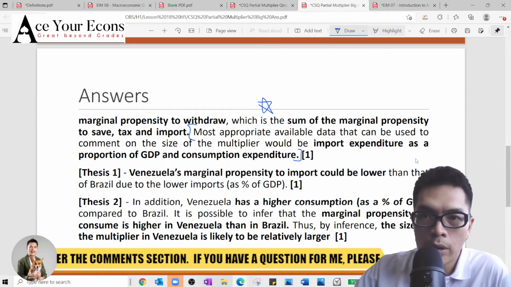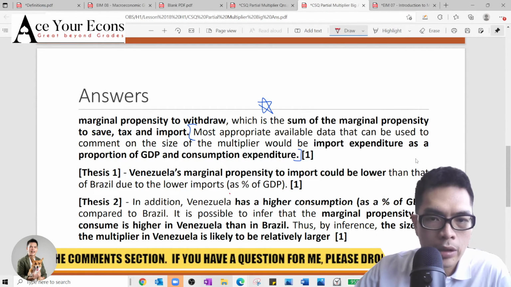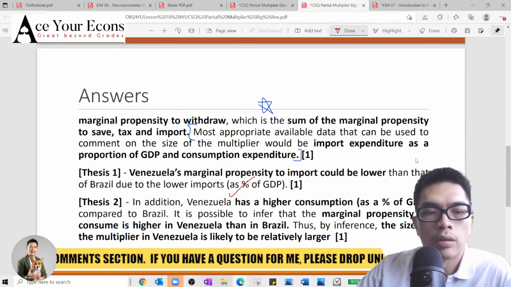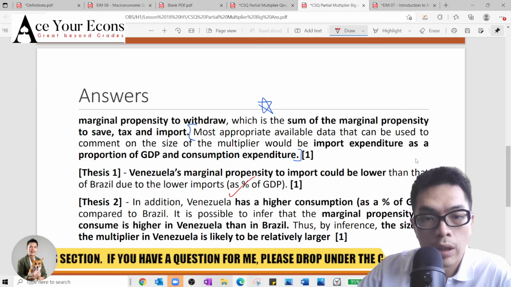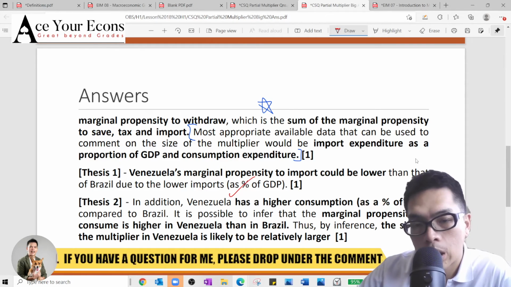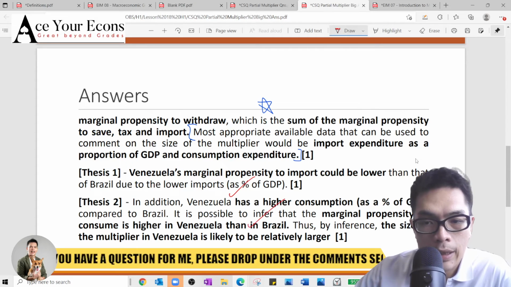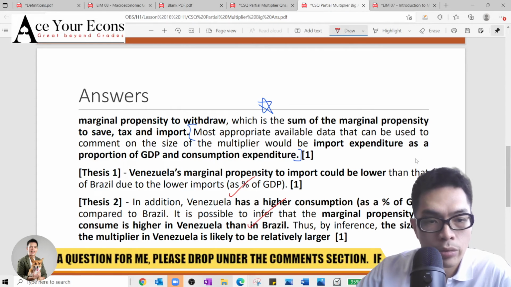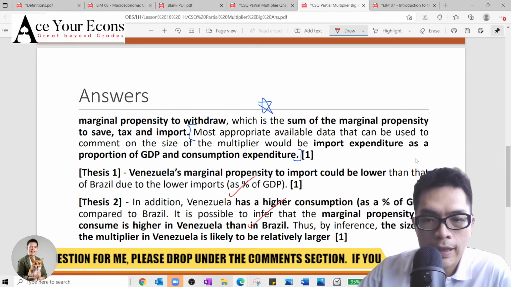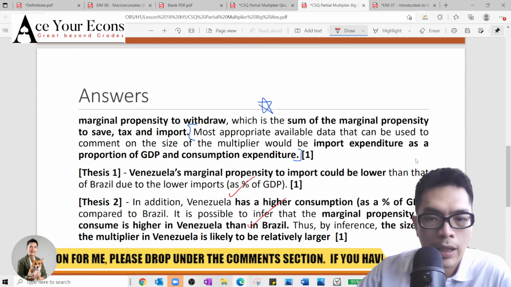You're supposed to suggest that MPW is lower as compared to Brazil due to the lower level of imports. You can suggest that MPM may be lower or MPC is higher as compared to Brazil, and therefore the size of your multiplier is likely to be larger.